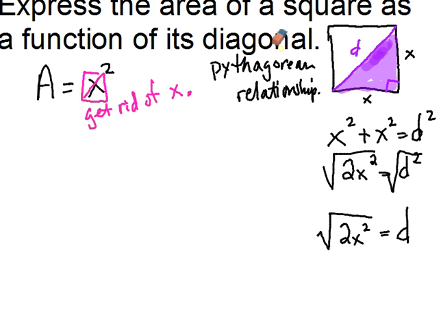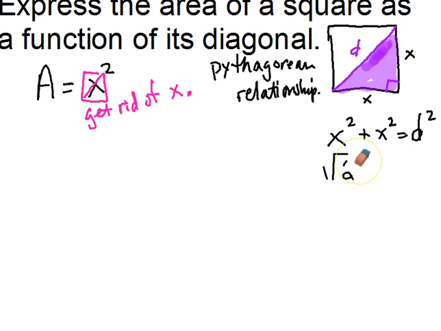Yes, thank you for catching that. Let's go back and do this right. If I want to get rid of x over here, that means I have to solve for x over here, doesn't it? Yes, it does. All right, let's go back.